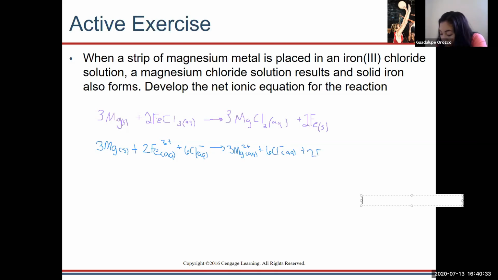Plus the 2 iron, and that will become a solid. Yes. Don't forget your e in iron. No, you don't put an 8. There you go.